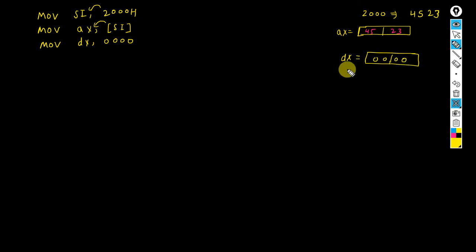Why do we write this instruction? Because here we use repetitive addition. Suppose any previous number is there, then it would add into our result, so the answer would be different. So here we reset the value of DX. In reset we put the value 0000 in the DX register, so DX contains no value.